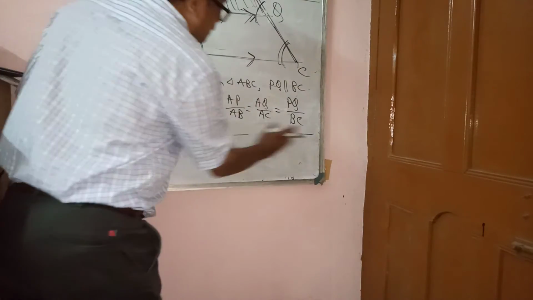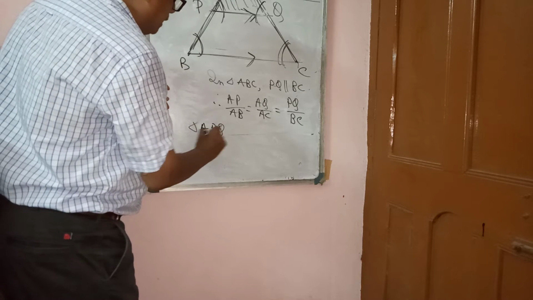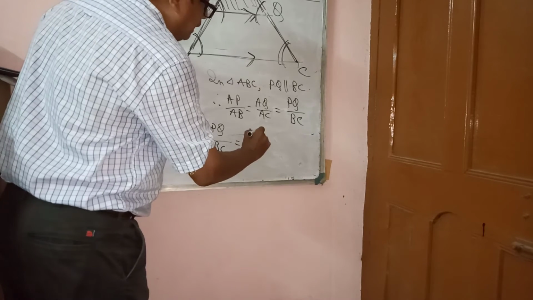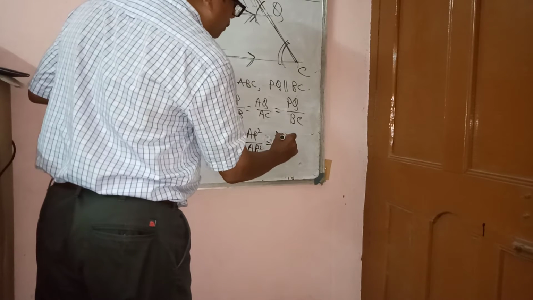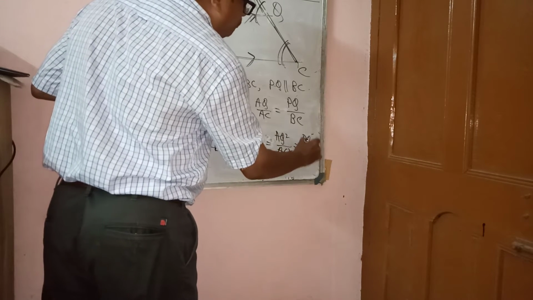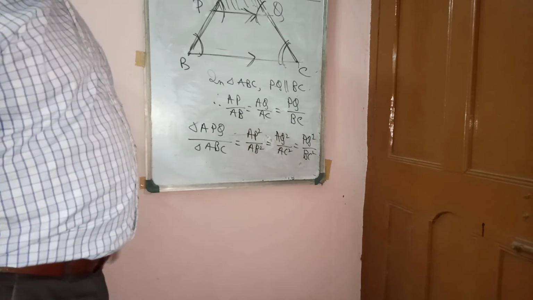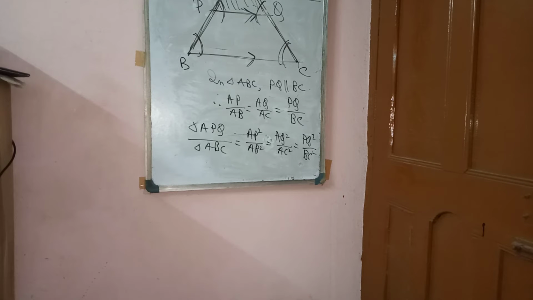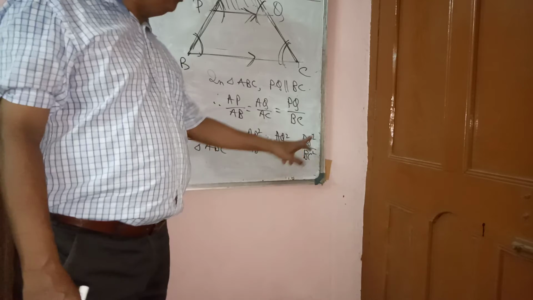So you write here area APQ by area ABC equals AP square by AB square equals AQ square by AC square equals PQ square by BC square. Note it down.